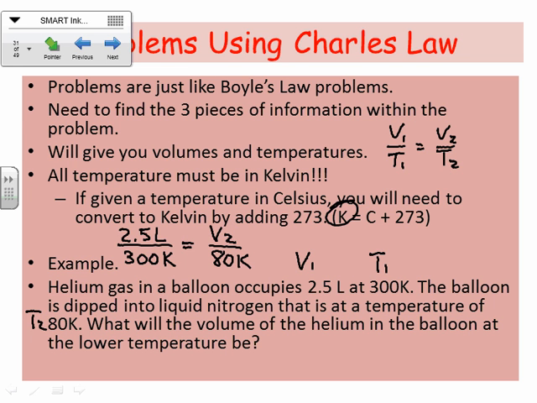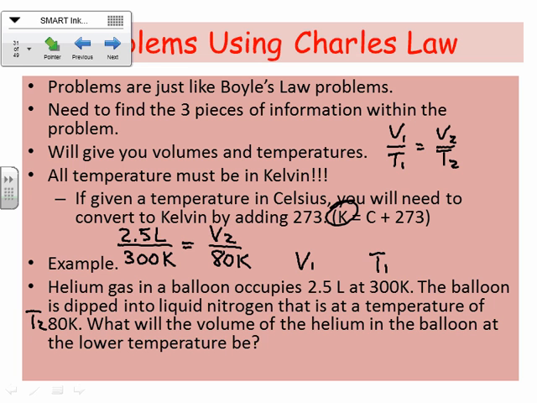Now, this one's a little bit trickier. There's a couple of ways you could solve for this. One way is by going ahead and dividing this side, the 2.5 divided by 300, see what number you get there, and then multiply both sides by 80 because that'll get the volume by itself. So you can think about it that way, kind of algebraically. But the other way you can do this is you can cross multiply and then solve.